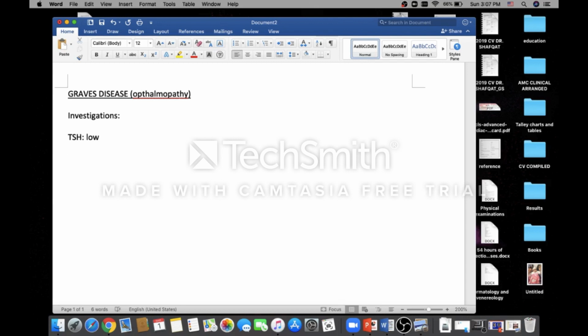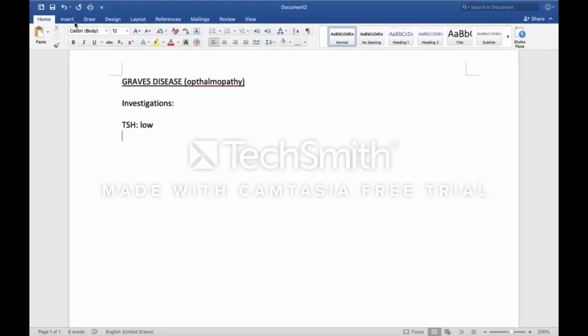The thyroid is not working under TSH; rather it is working because the autoantibodies are stimulating it continuously, without depending on TSH. They don't care about the TSH level, but the TSH level will be low.